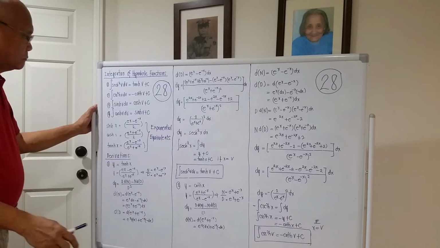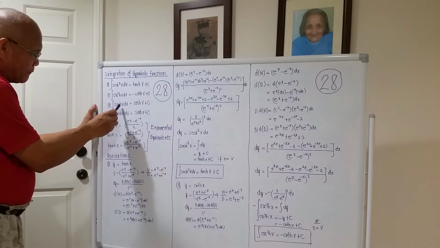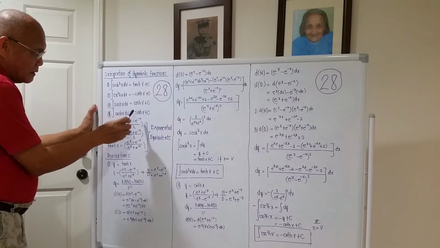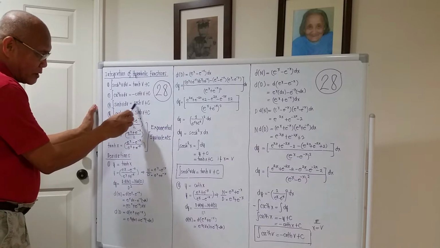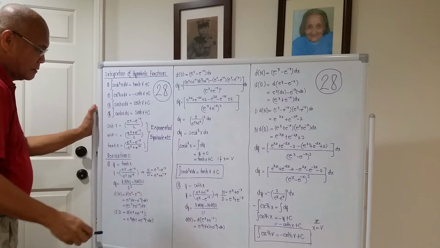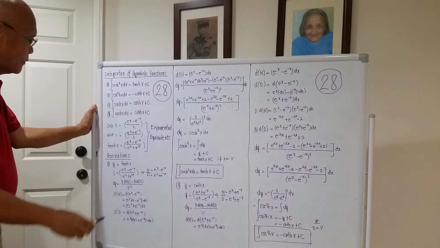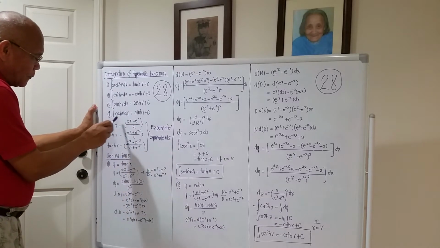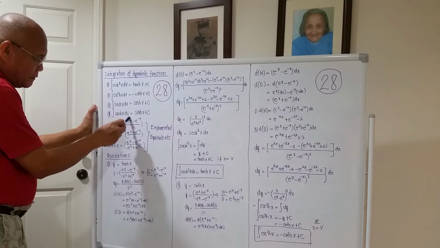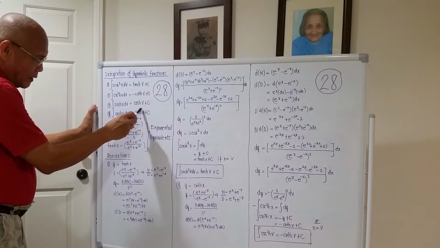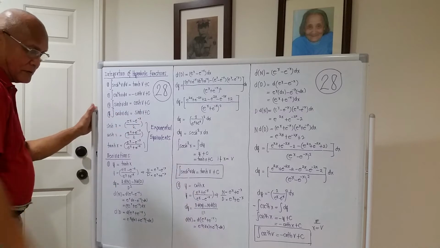The third one, the integral of hyperbolic sine of b dv equal to hyperbolic cosine of b plus c. Fourth one, the integral of hyperbolic cosine of b dv equal to hyperbolic sine of b plus c.